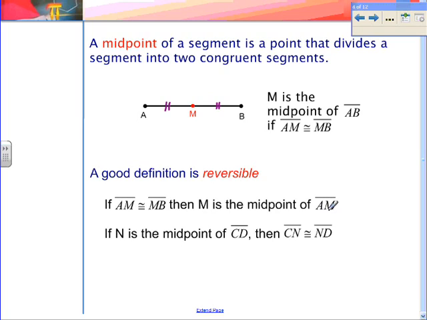But we can switch that around. We'll use a different segment, different letters here. If N is the midpoint of segment CD, then segment CN is congruent to segment ND. So you see how we kind of reversed what came after the if and then. And that's really a key component to telling if something is a good definition or not.